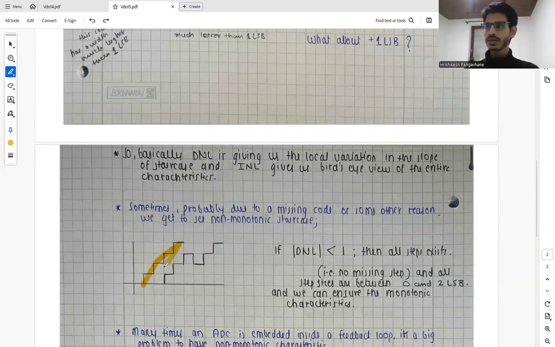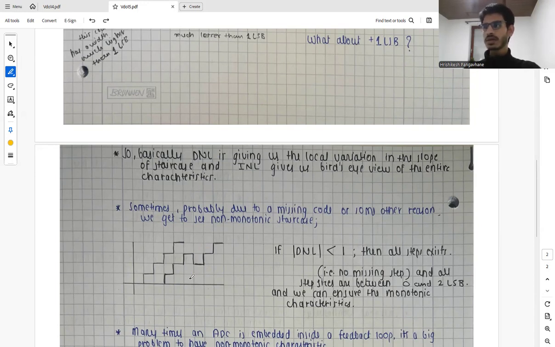This is a monotonic staircase, and this is a non-monotonic staircase where these two levels are the same. So a sample lying under this level, or a sample lying under this level, will get quantized to the same code, the same digital word.